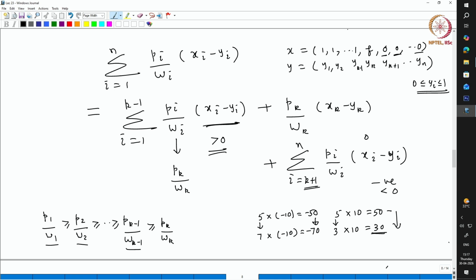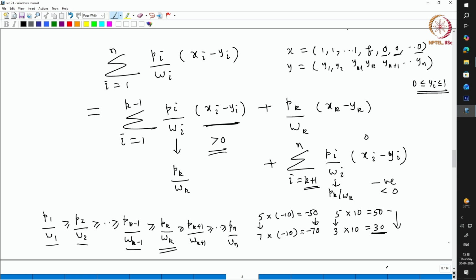So to what value can I increase? Now you can continue to see that Pk plus 1 by Wk plus 1 is greater than or equal to Pn by Wn. Again I can replace this by Pk by Wk, that will increase the value, like from 5 to 7.